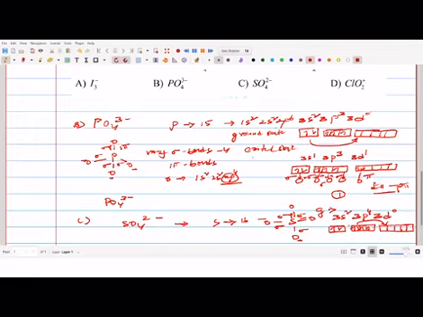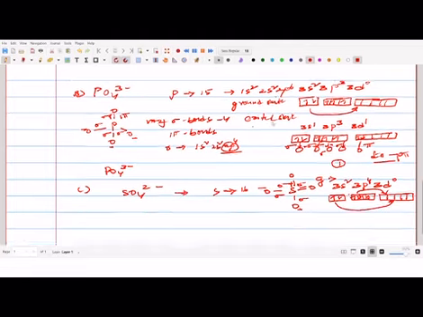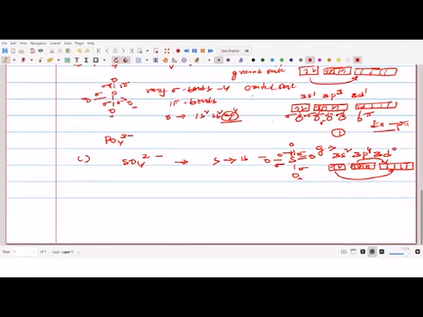But here sulfur is showing a valency of 6, so it will promote more electrons. In the excited state the configuration is 3s1, 3p3, 3d2. Why?